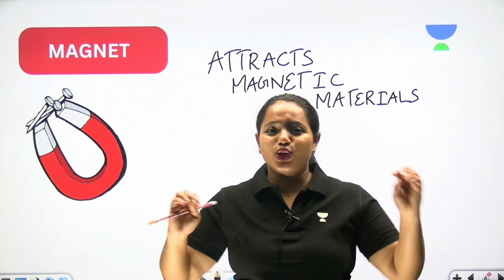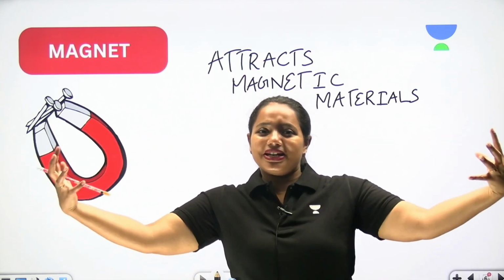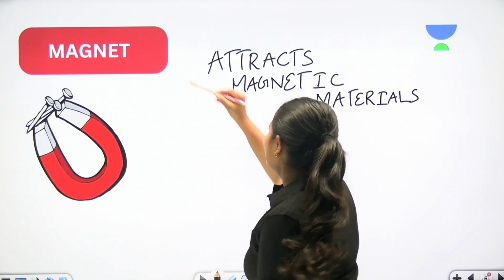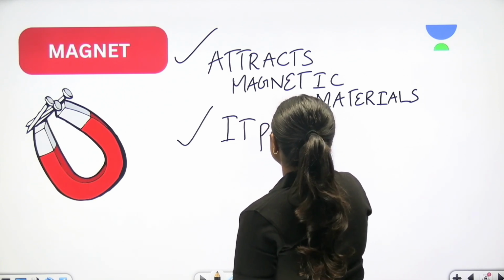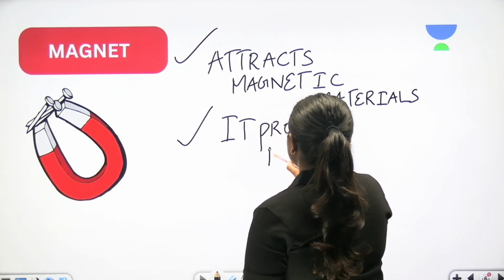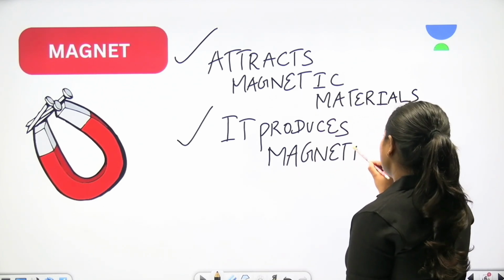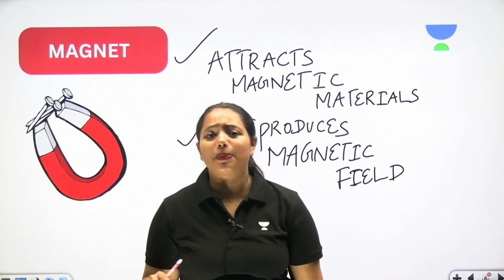Magnets are able to produce a magnetic field around them, and that is the reason these materials get attracted by a magnet. So it's very simple, right? You have to write the second point: it produces a magnetic field. Please write it down, very important. I hope you're clear with the point here.